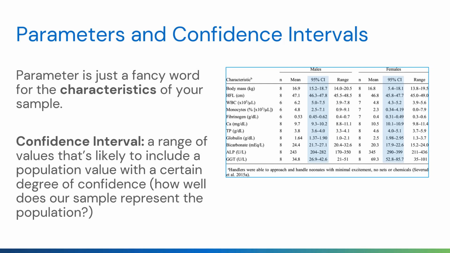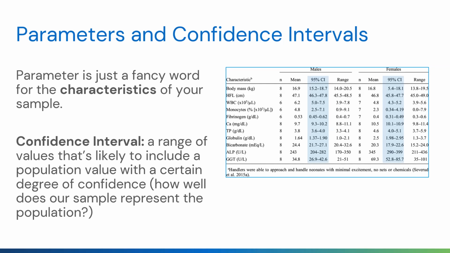So in this table, you'll see body mass, HFL, white blood cell, WBC, monocytes, the different components of the blood that is being described for the sample that is being divided by sex assigned at birth, males and females. You'll note that the mean value by parameter or characteristic is being presented here in this table.